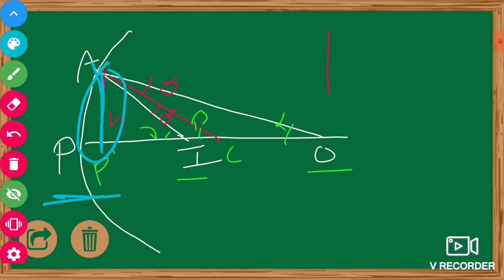For alpha, beta and gamma, AP dash is the opposite side. And to find out alpha, P dash O is the adjacent side. To find out beta, P dash C is the adjacent side. And to find out gamma, PI is the adjacent side.